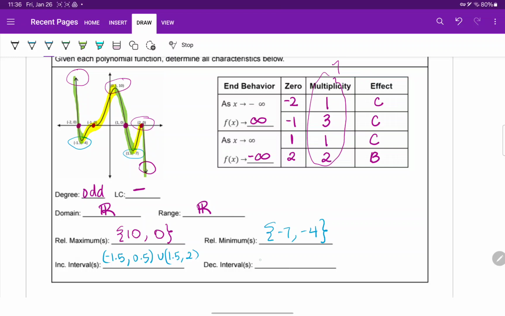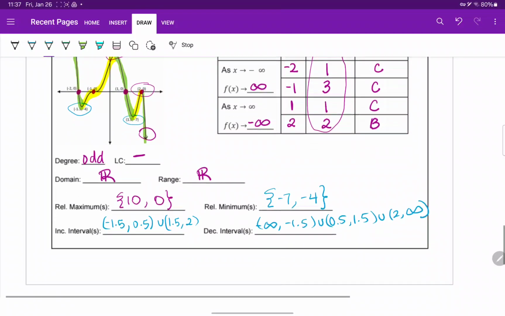All right, so my decreasing intervals would be from -infinity to -1.5. Never include them, so parentheses. 0.5 to 1.5. And then union from 2 to +infinity, because we're referring to the x moving to the right forever. All right, go ahead and start your practice.